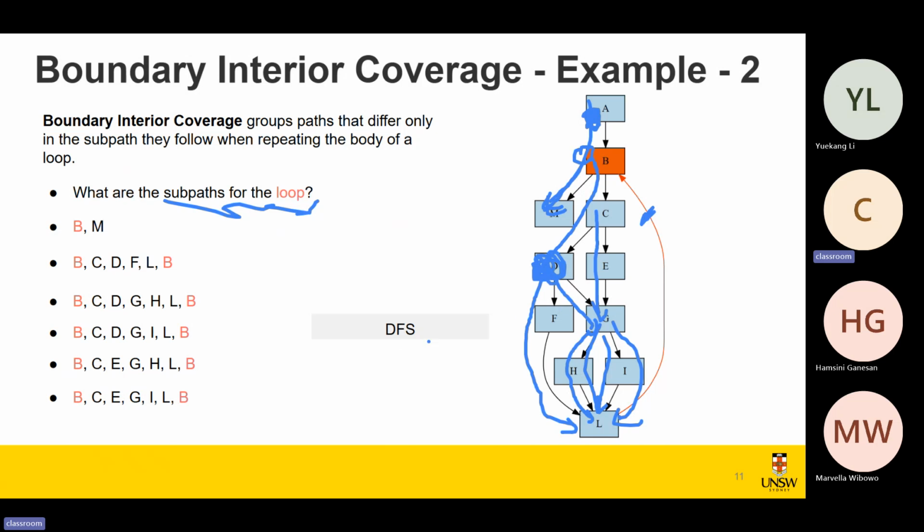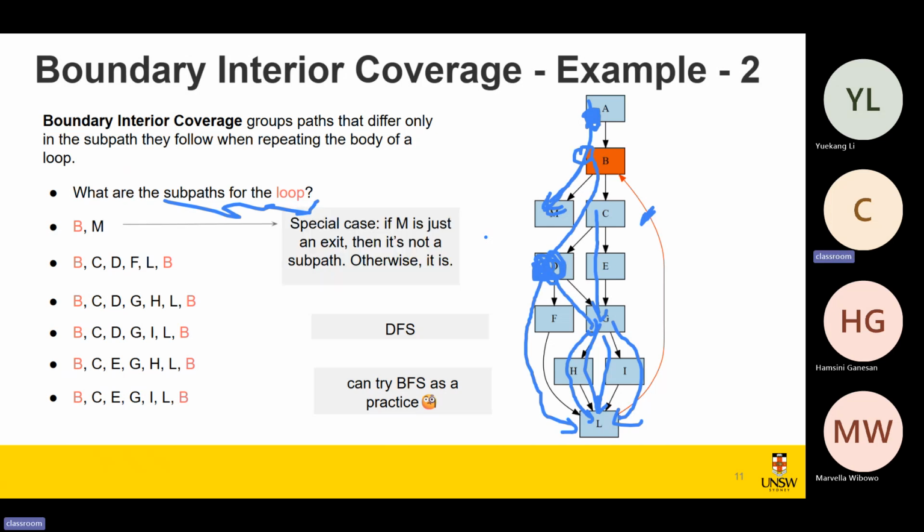So it's actually a DFS. And similarly, because we are exploring a graph, you can also try out BFS as a practice if you are interested and if you have spare time apart from doing your assignment. So you can try out on your own to explore all the subpaths inside this loop.